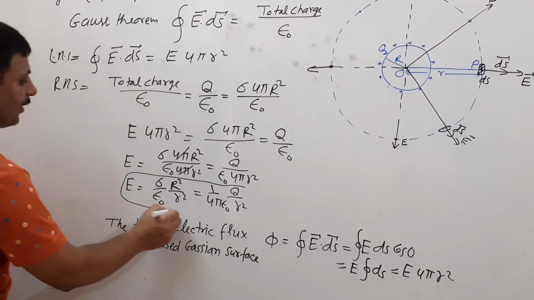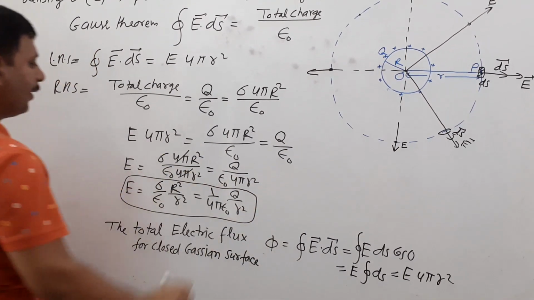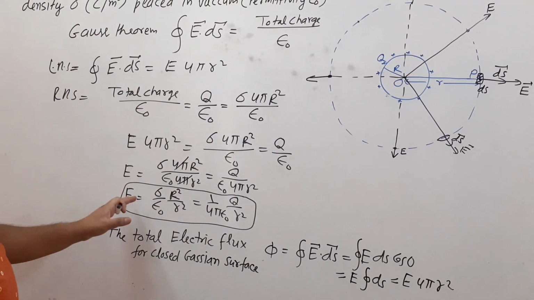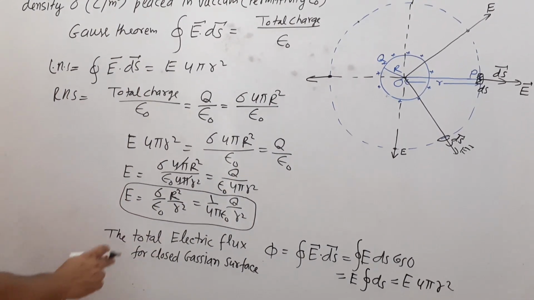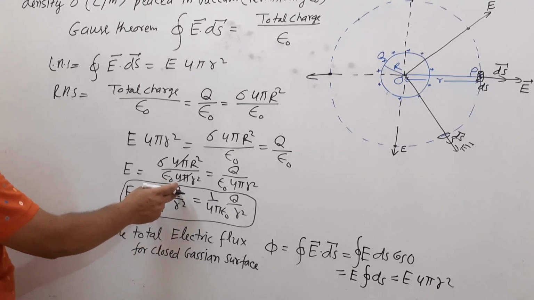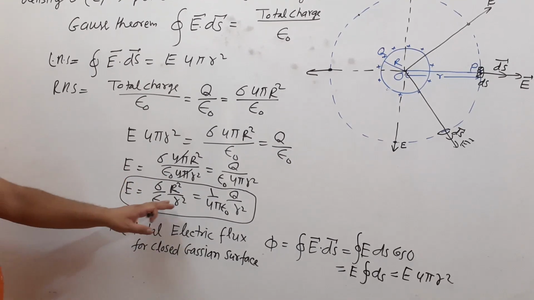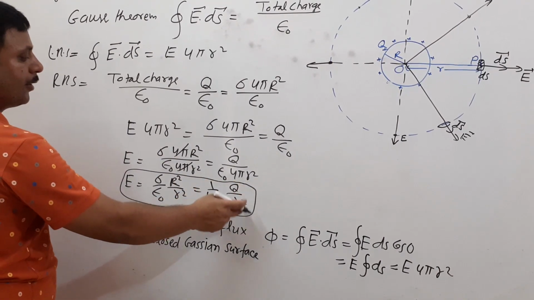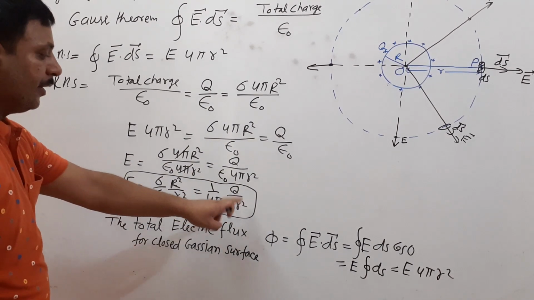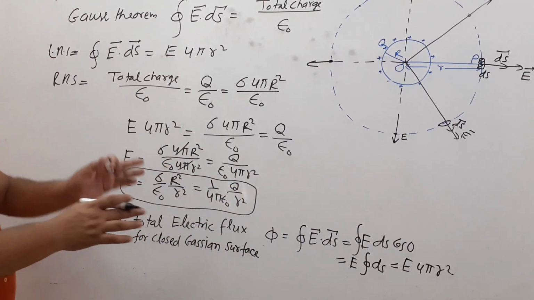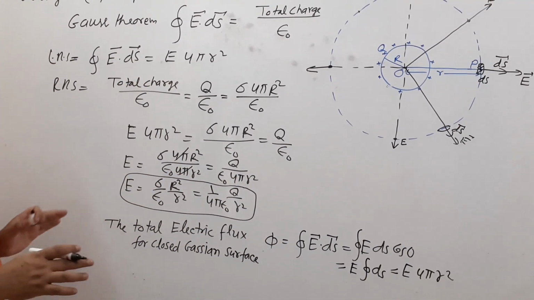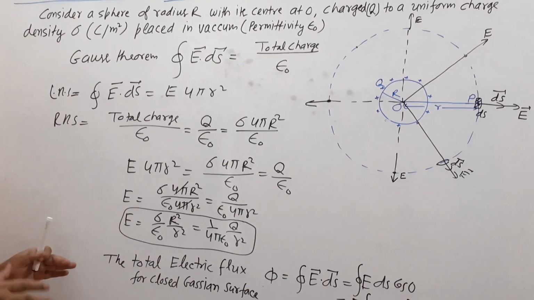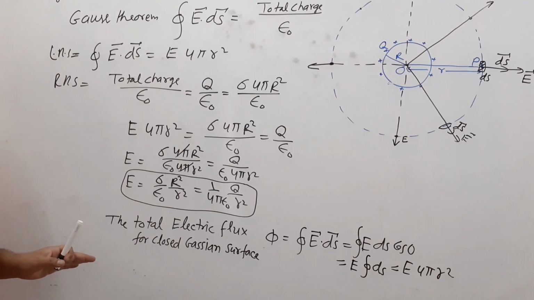So the electric field intensity at point P, which is small r distance from the center, is sigma capital R square upon epsilon naught r square, or 1 upon 4 pi epsilon naught q upon small r square. Here q is the total charge given to the hollow sphere, and sigma is the surface charge density.